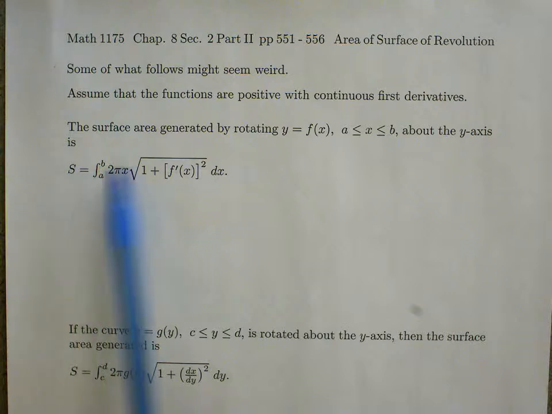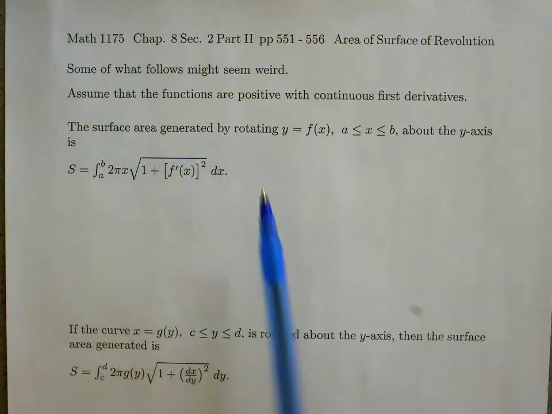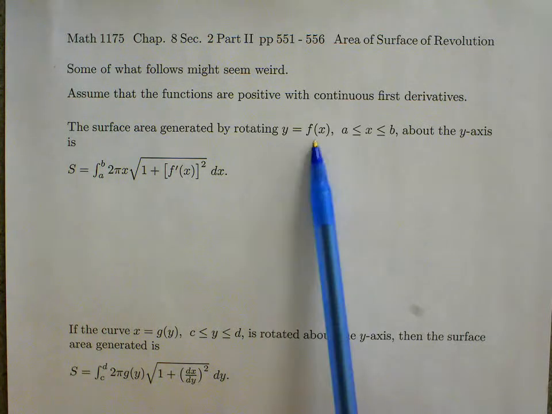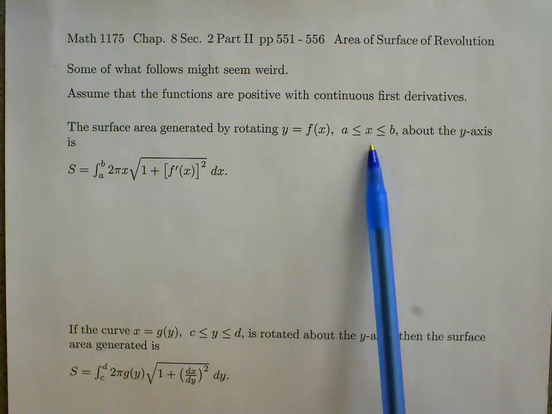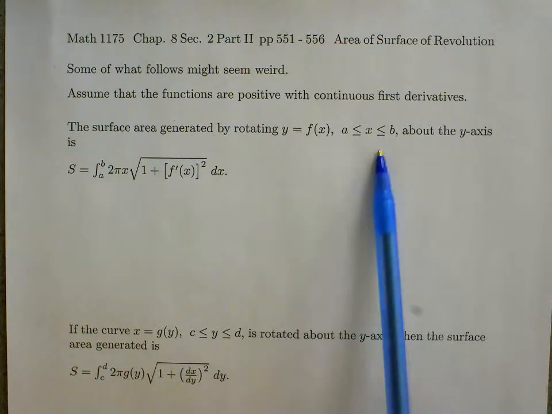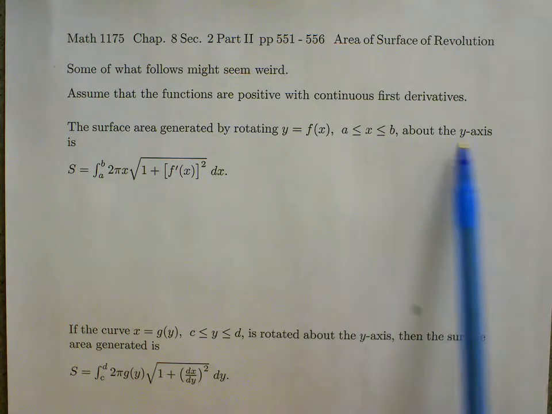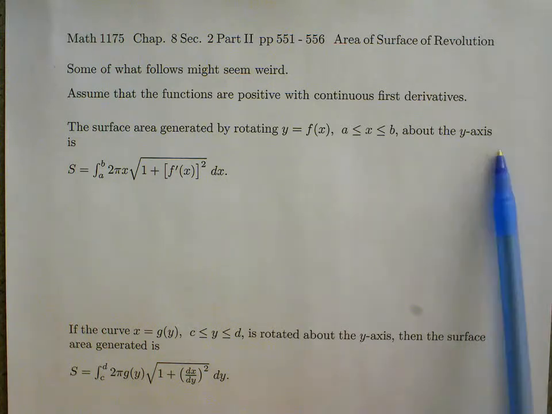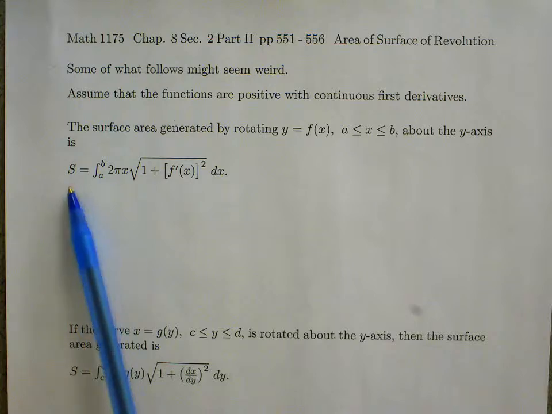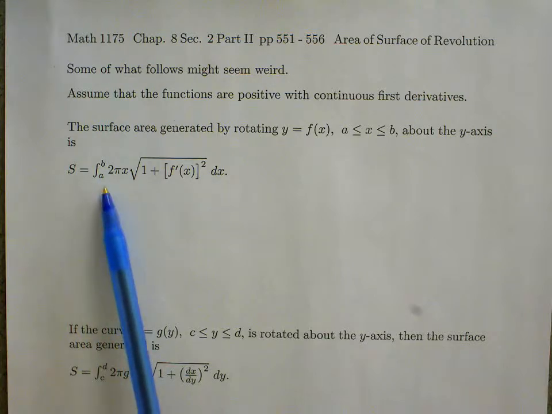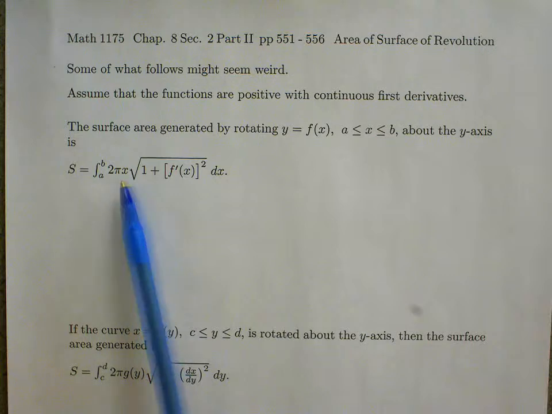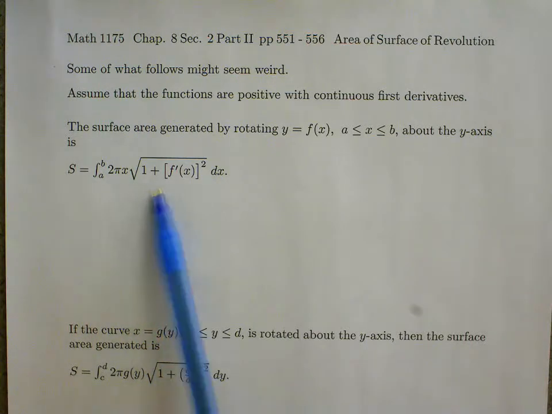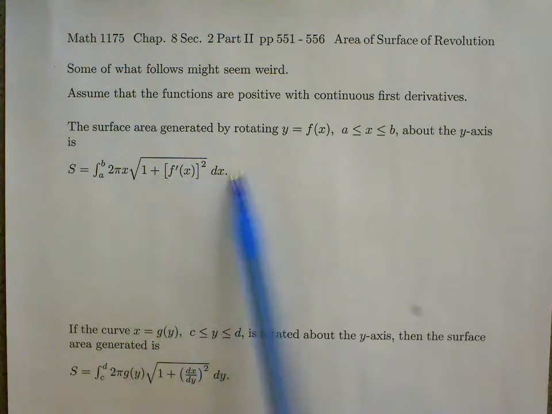The surface area generated by rotating y equals f of x for values of x from a to b about the y-axis, not the x-axis. We're rotating about the y-axis. And that is the definite integral from a to b of 2 pi x times the square root of 1 plus f prime of x squared dx.